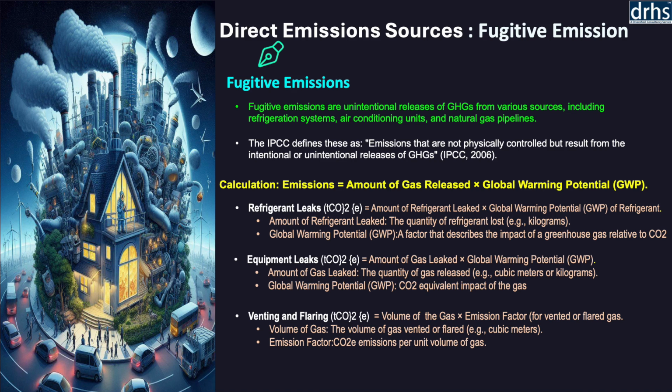However, organizations can mitigate these emissions by conducting regular maintenance and inspection, using advanced detection technology like infrared cameras, and implementing better seal and containment methods. Addressing fugitive emission is crucial not only for regulatory compliance but also for reducing an organization's overall carbon footprint and its contribution to the climate change.